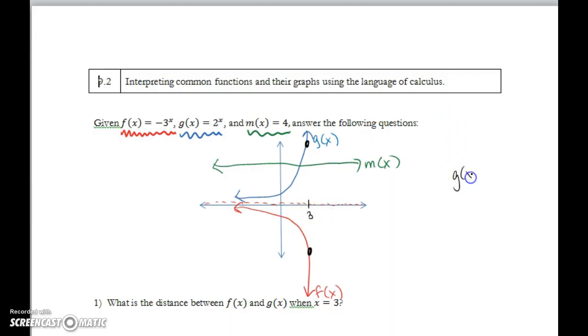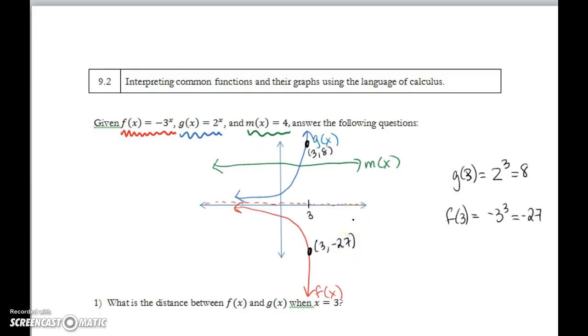So g of 3 is equal to 2 to the third, which is equal to 8. So this point here is at 3, 8. And f of 3 is equal to negative 3 to the third, which is negative 27. So this point here is at 3, negative 27.